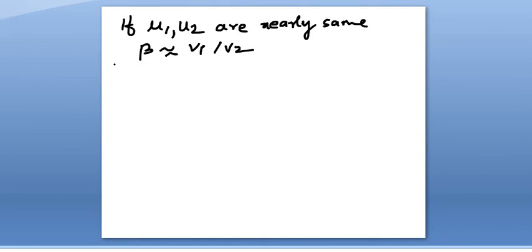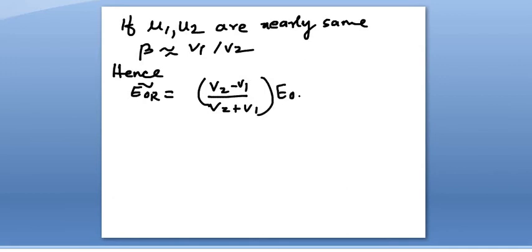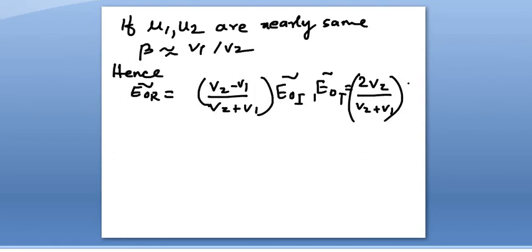Hence E0R becomes V2 minus V1 by V2 plus V1 times E0I, and E0T is equal to 2V2 by V2 plus V1 times E0I.